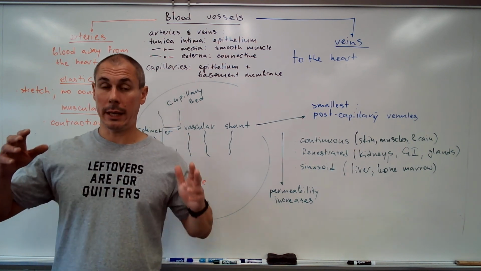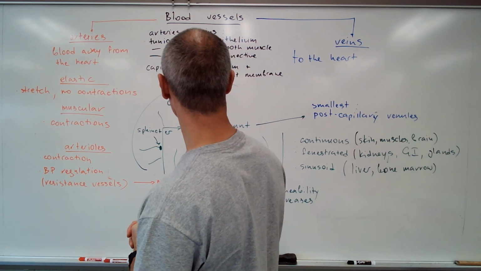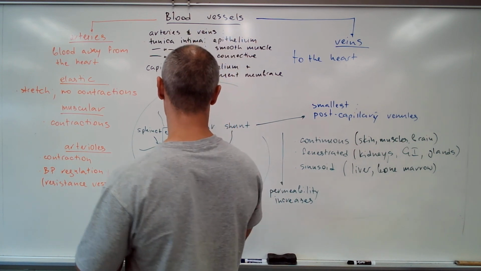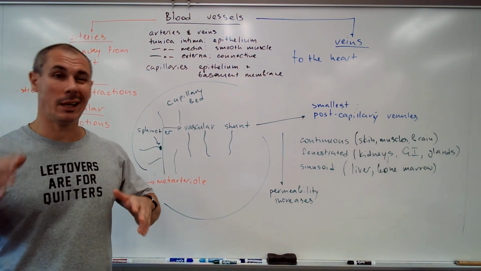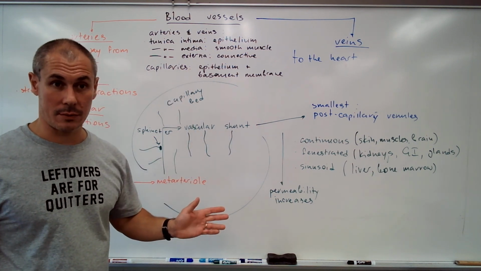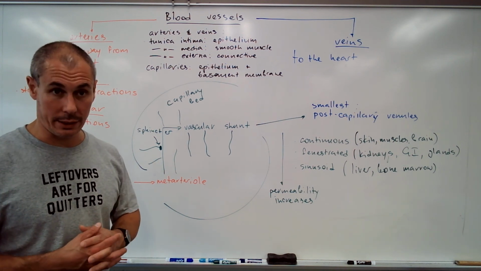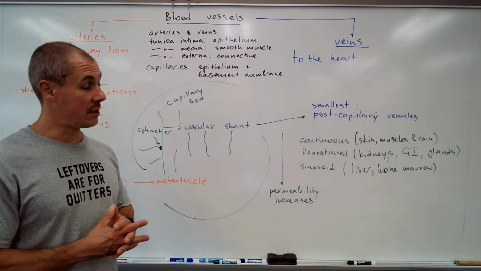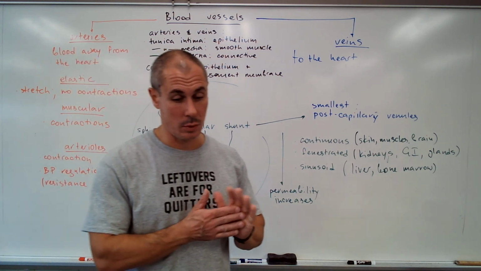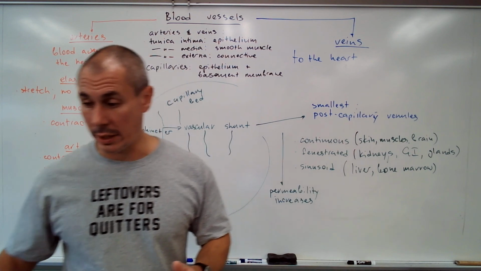Now, we're going to talk about blood pressure, then we're going to talk about the hemodynamics, the blood flow, how it is regulated. I think that's all that I wanted to say about blood vessels, so we're going to take a little break, okay?